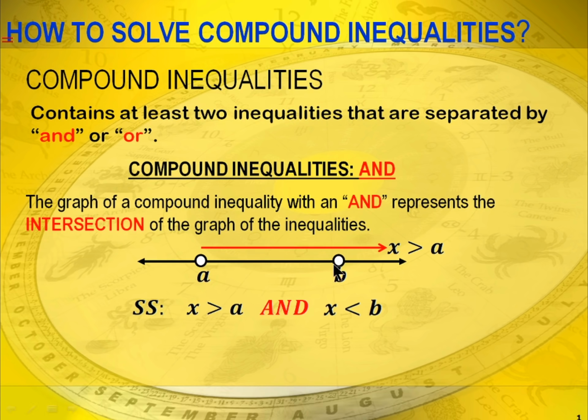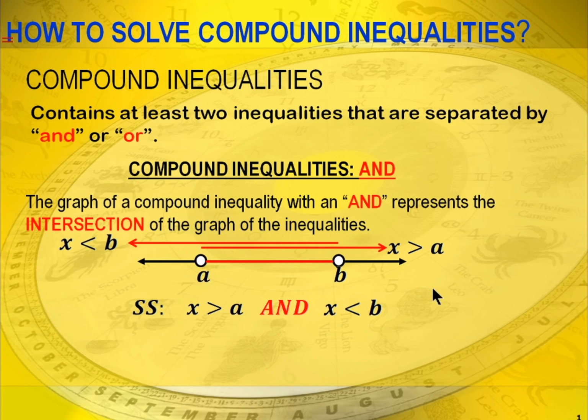What about x less than B? The solution set is from negative infinity to point B. Since we're using "and," we'll be getting the intersection of the two solution sets.